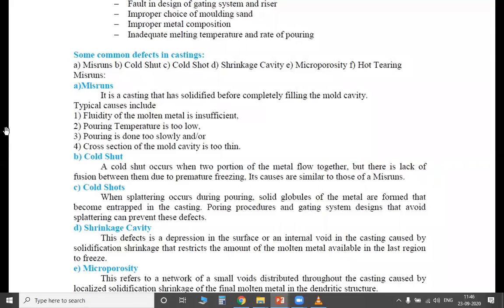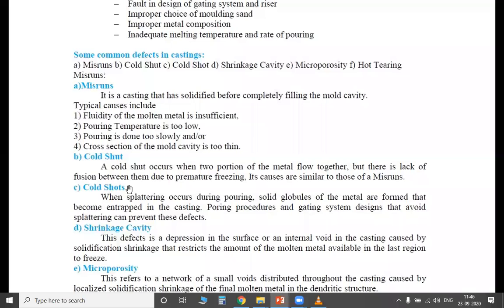There is a lack of flow of metal. When the metal flow is not up to some extent, solidification cannot be done properly. After it solidifies, some cracks will be there, strength will decrease, and some types of defects will be there. So the cold shut comes under misruns only.